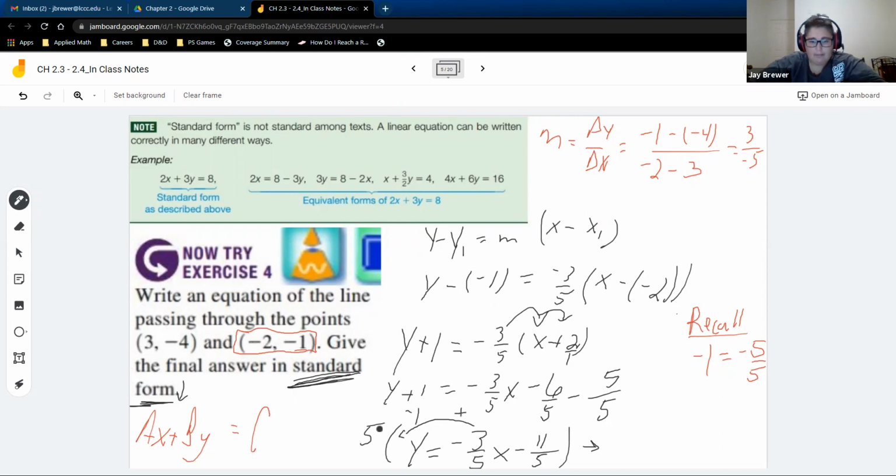So 5 times 3/5 will give us just 3x plus 5y. And then the -11 stays on that side and the 5's cancel. So equals -11.